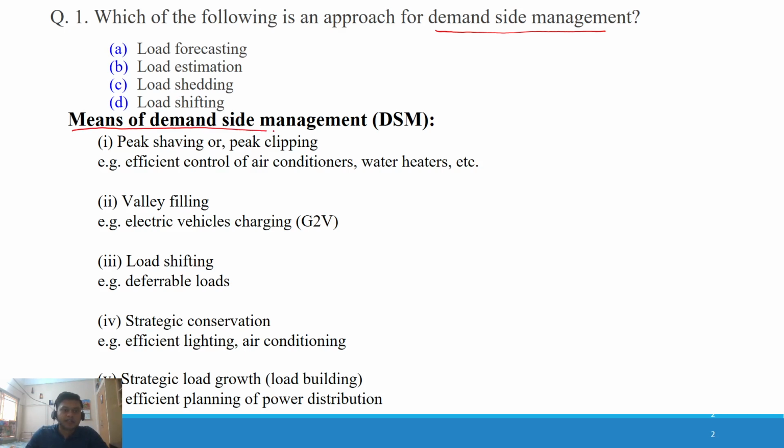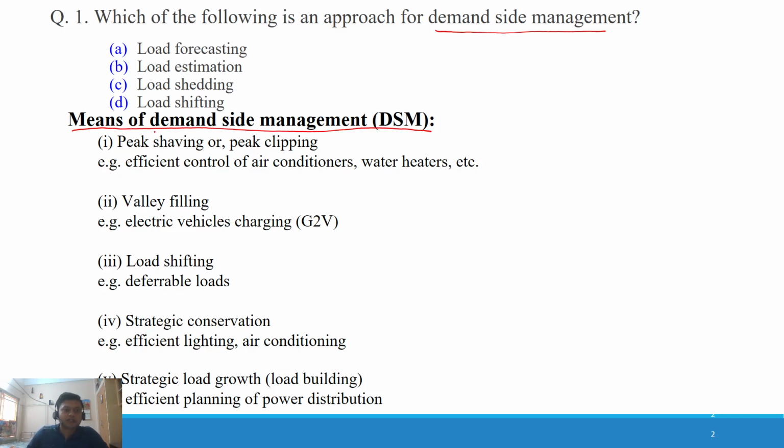These are peak saving or peak clipping, valley filling, load shifting, strategic conservation, and strategic load growth and load building. There may be others, but these are the main ones usually used by utilities for demand side management.